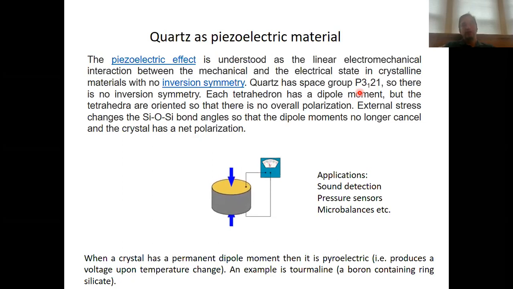There are also crystals that have a permanent dipole moment in the crystal structure. In this case, we call this crystal pyroelectric. Okay, so in this case, we actually produce a voltage along two crystal faces upon temperature changes, or at least it would be more precise to say the voltage changes upon temperature change.